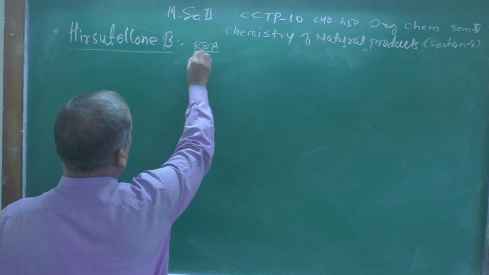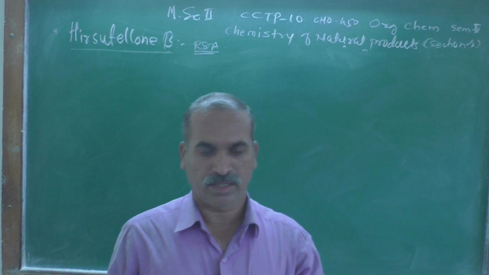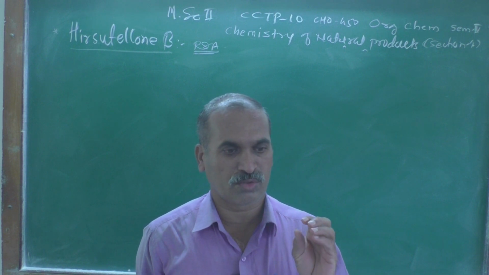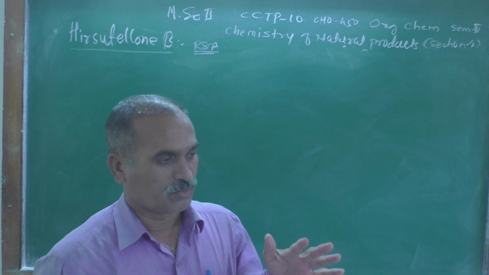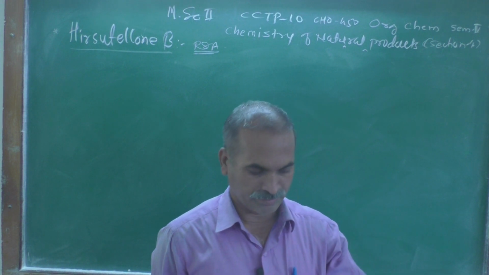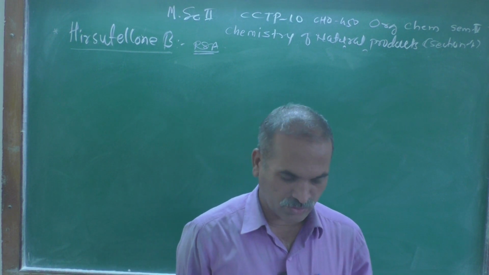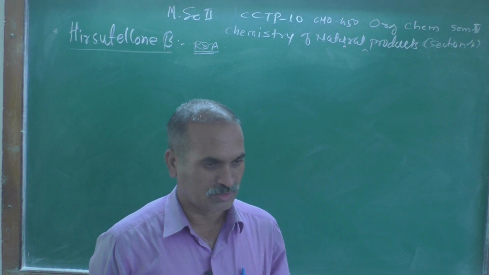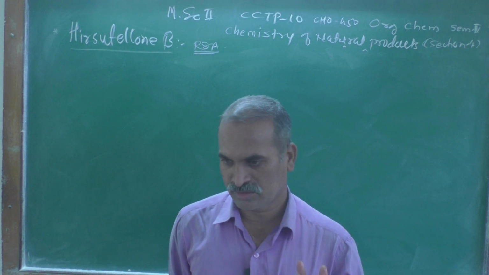Retrosynthetic analysis, as we know, RSA means what? It requires a target molecule. Target molecule means whose synthesis is being planned, and here the target molecule is hirsutolone B. Once we know the target molecule, we can do the retrosynthetic analysis.